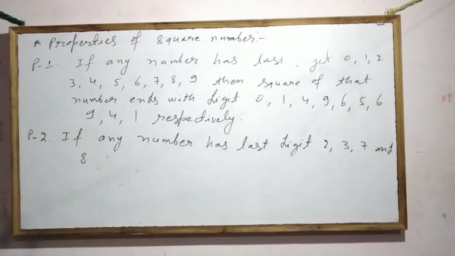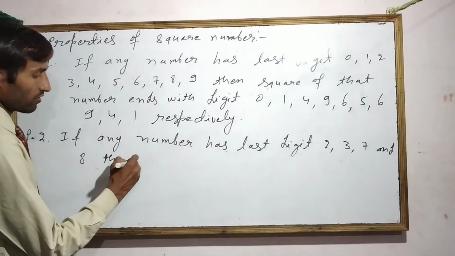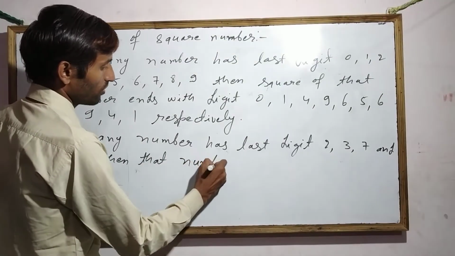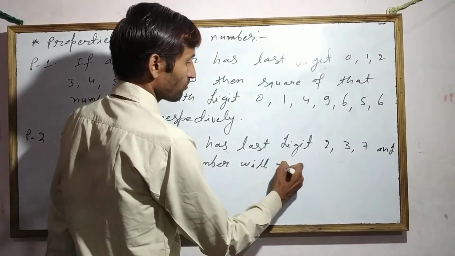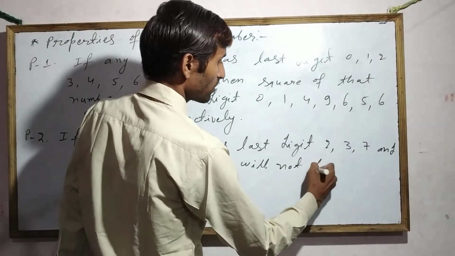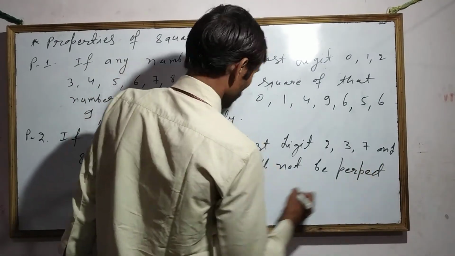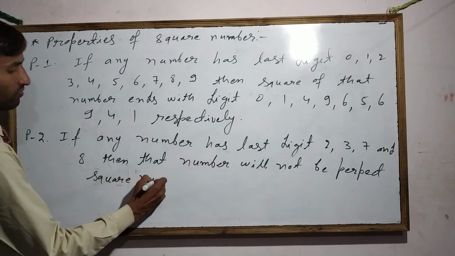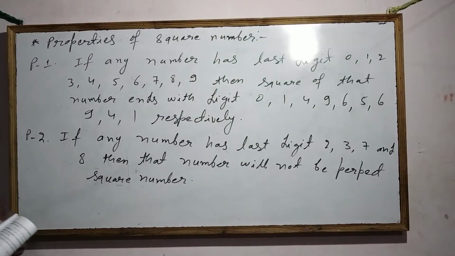If any number has last digit 2, 3, 7, 8, then that number will not be a perfect square number. So this one is the second property.